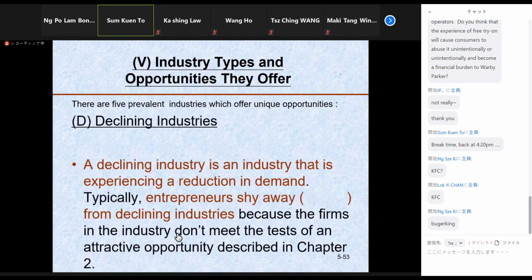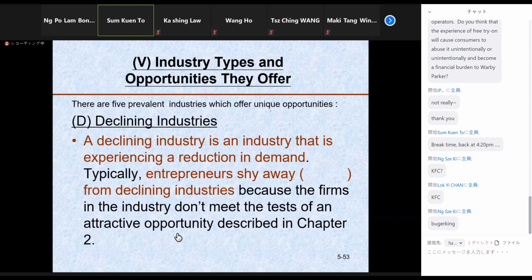However, let me get back here with a similar situation. Similar picture: introduction, growth, mature. In the previous PowerPoint slide, you could go up again after taking some rest. But if it is a declining industry, there is no saving it, it is all gone. And then you just let it go.